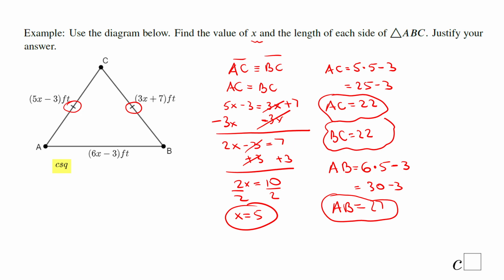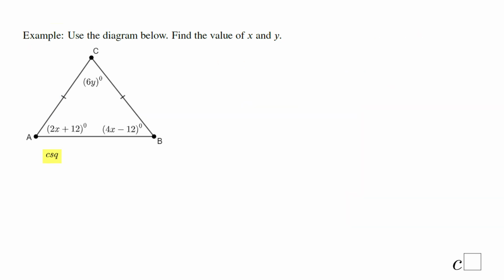Let's take a look at the next thing, which is another isosceles triangle. How do we know this? We notice this sign, and we have to find the value of x and y. We notice x belongs to these two expressions which represent these two angles which are congruent. Those are the base angles, right?